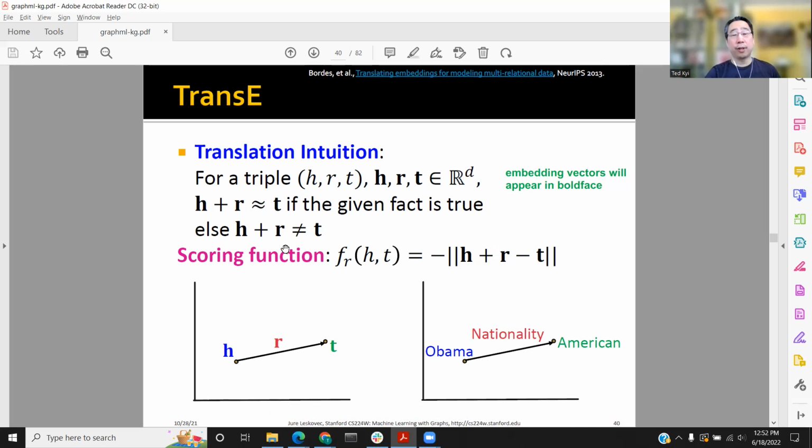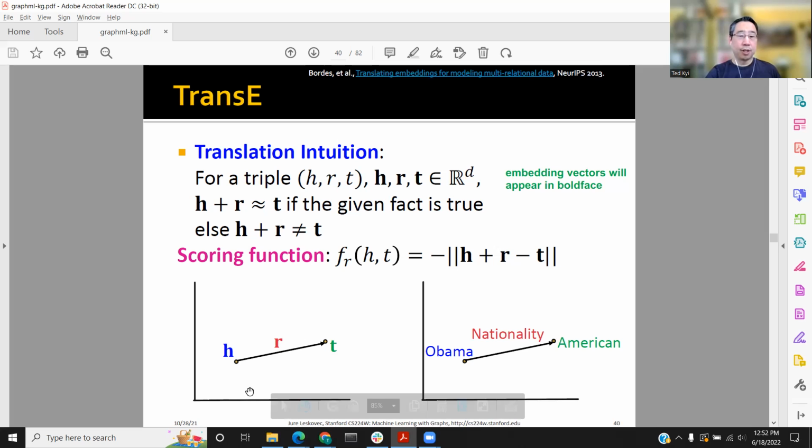So what can we use as a scoring function? We can just use the regular L2 norm, Euclidean distance. The only thing is we want smaller distances to score high, meaning it's good, it's really close, and far distances to score low. So we are going to flip the sign.